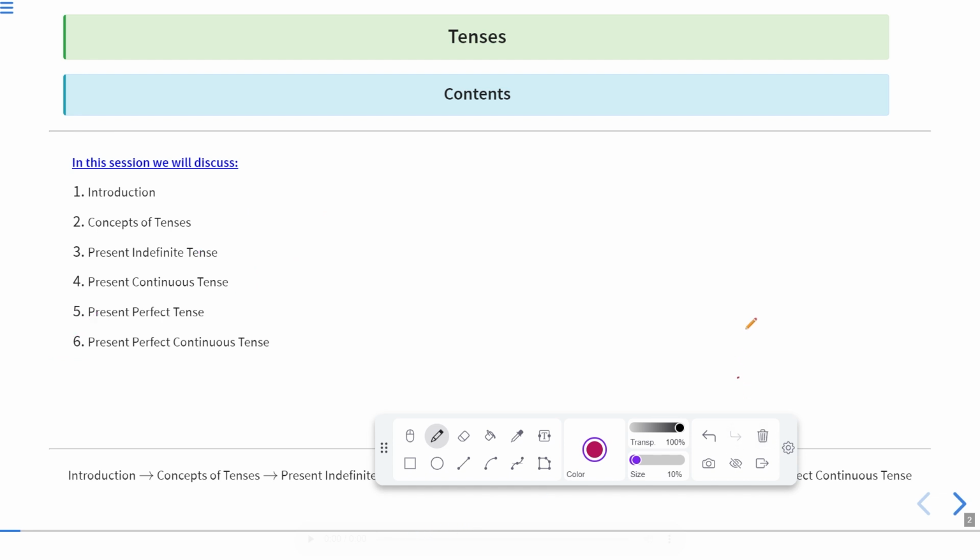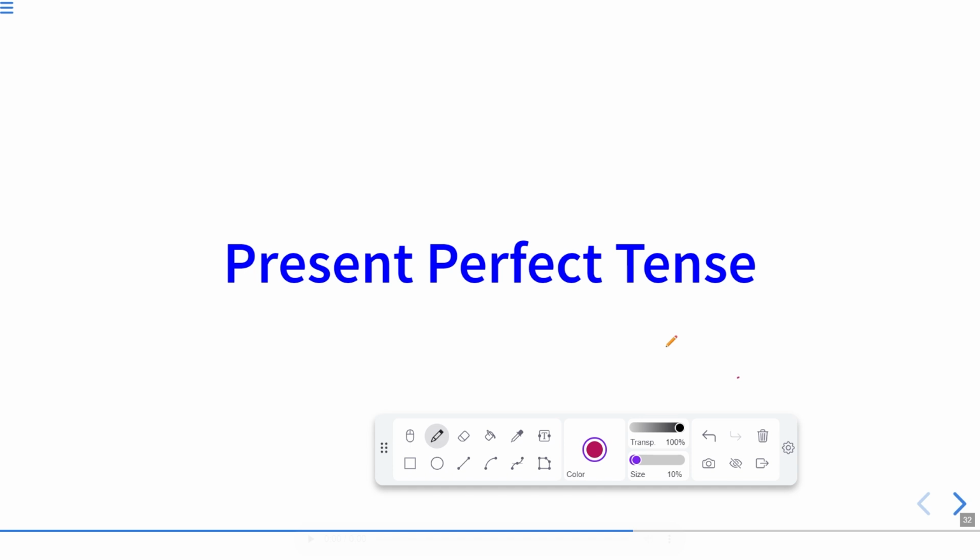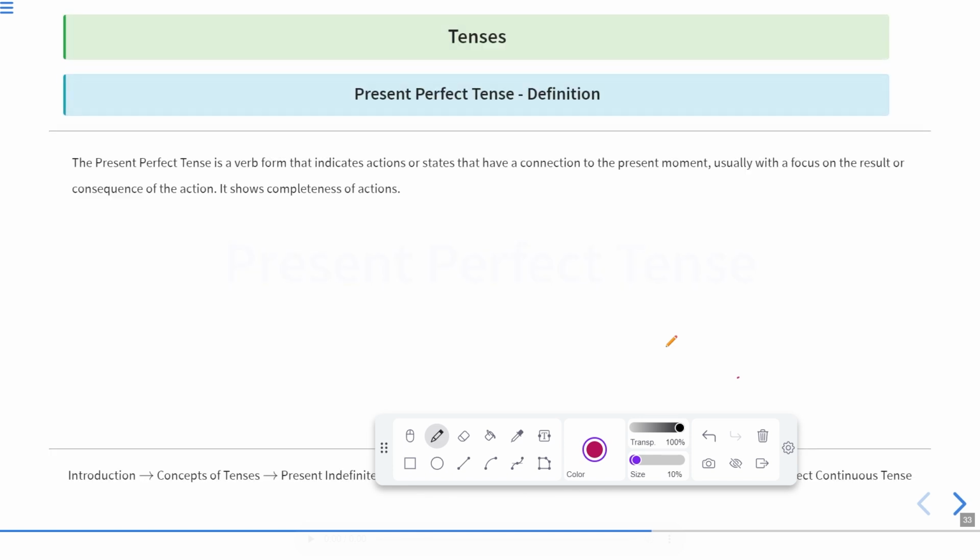So first we'll discuss present perfect tense. As I told you, present perfect tense is something which shows the completeness of something. Now let's begin with the introduction of this. So first we'll discuss the present perfect tense definition. The present perfect tense is a verb form that indicates actions or states that have a connection to the present moment, usually with a focus on the result or consequence of the action.